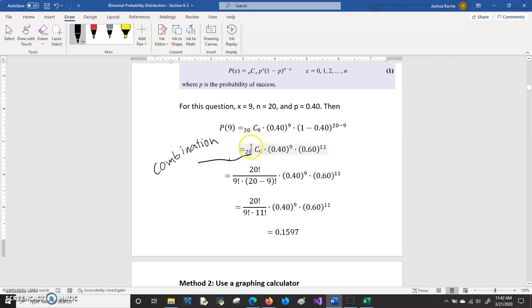Most calculators have a button for this, or you can also calculate it using another separate formula, and that separate formula is this here. I'll write down the general formula right here.